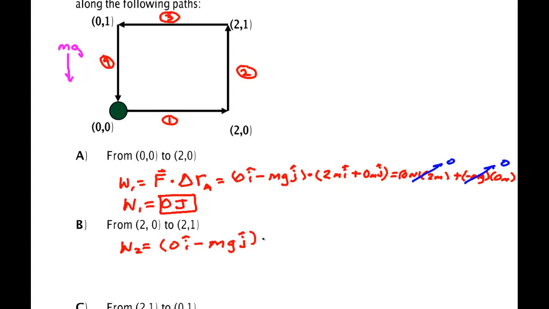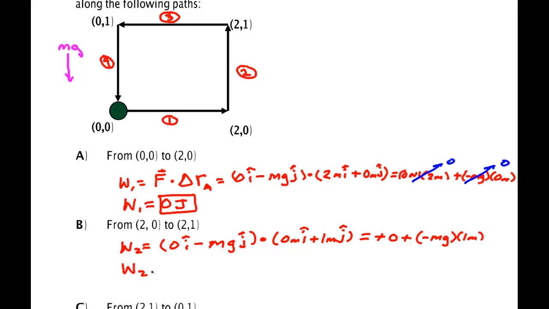The force doesn't change, but our displacement is now 0 meters i hat because we're not changing x, but we are changing y. y is going from 0 to 1, so plus 1 meter j hat. 0 times 0 is 0. Then we have plus a minus mg times 1 meter.